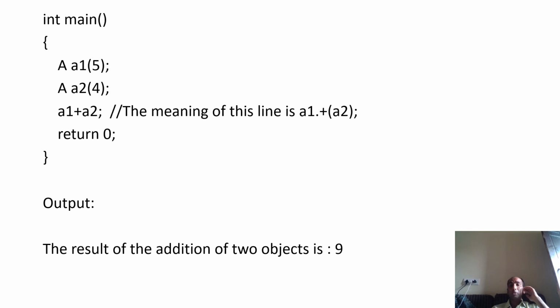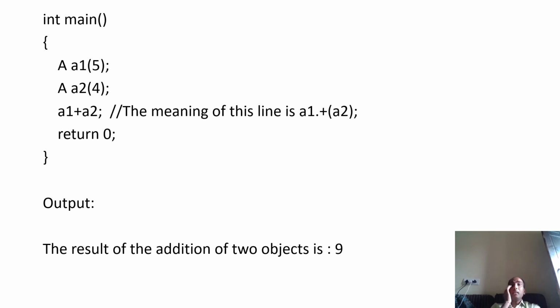How will the reference of A2 be obtained? So you are passing A2 as your argument. Because the plus function is called by A1, the value of A1 it will automatically receive, but the value of A2 it will not get. So A2 you are passing as your argument. And then whatever you have done inside that plus function will be performed.